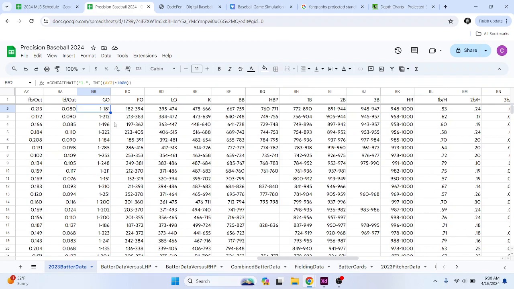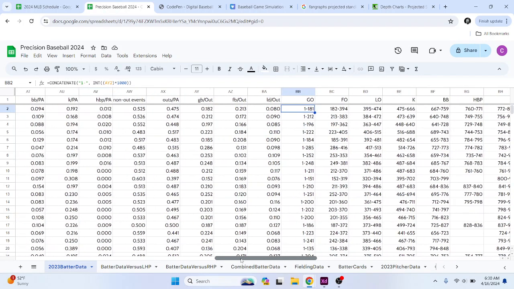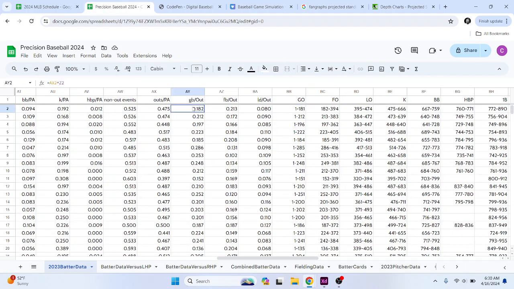So based off of his ground balls here, you can see it's basically a 1 to 182, so we have a 1 to 181. So I basically just concatenate a 1 there. And then I convert this into a number that we can use.